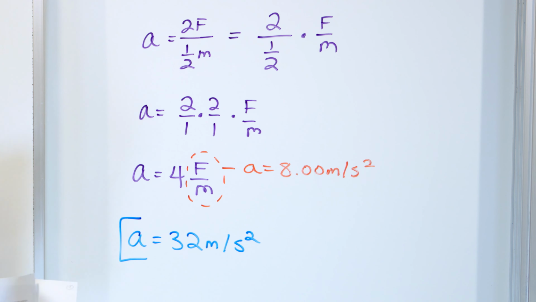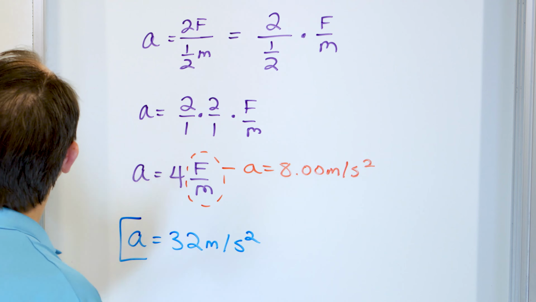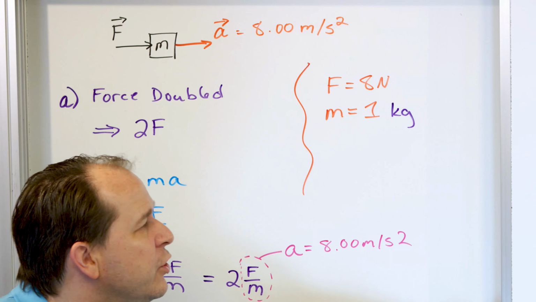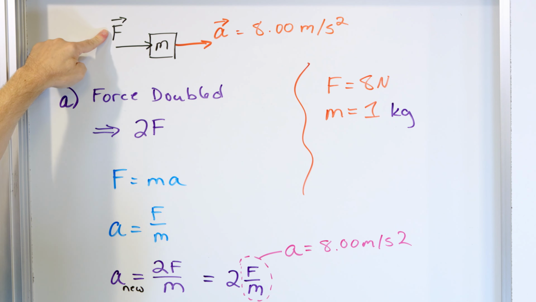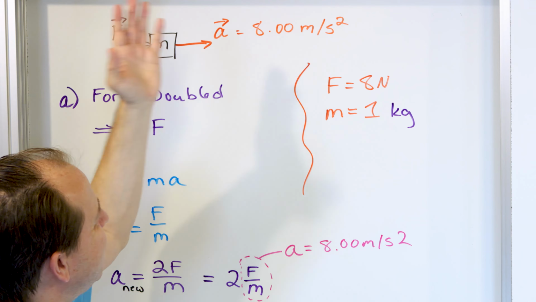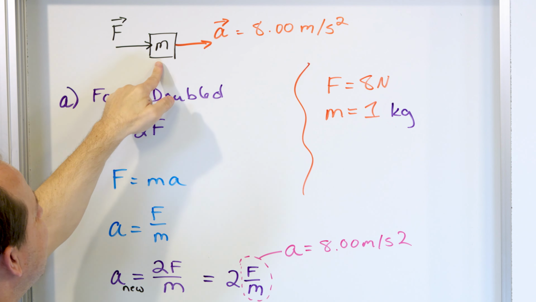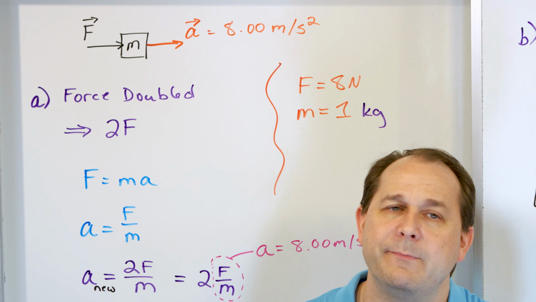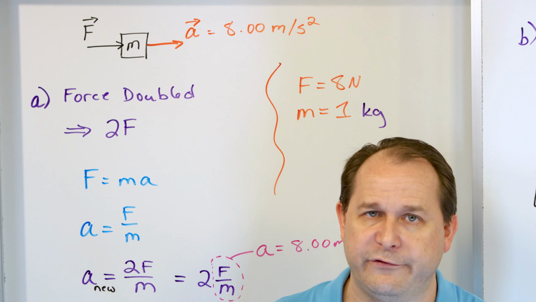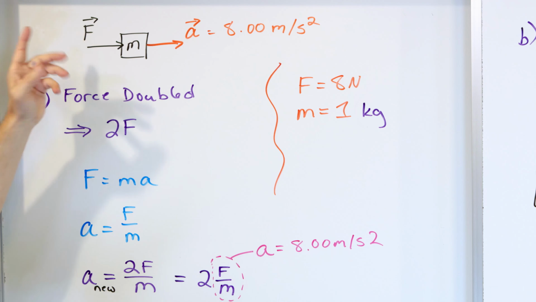Now, why is the acceleration so high in this case? It's because when I go back to my original little drawing, normally when I double the force, I double the acceleration. So that would already get me 16 meters per second squared, but at the same time, I cut the mass in half. And when you make something less massive, it has less inertia and it's easier to accelerate. So those two things go together.